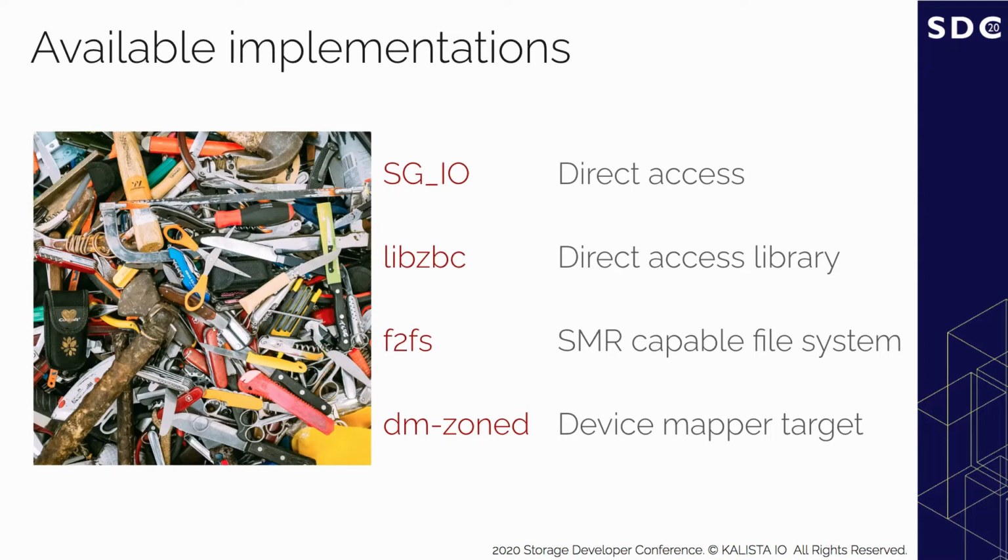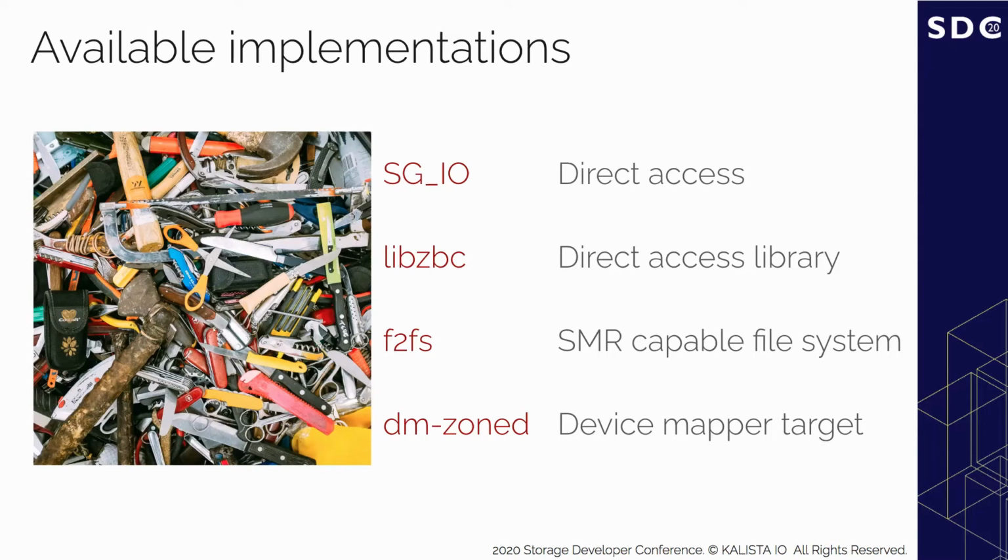Applications can use this interface to directly read, write, and manage host-managed SMR devices. libzbc: libzbc is a user space library that provides functions for managing host-managed SMR devices. Applications can be modified to compile and link against libzbc to become host-managed SMR enabled. Developed by my friends at Western Digital, it is available to download from GitHub.